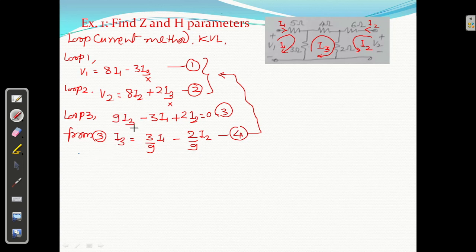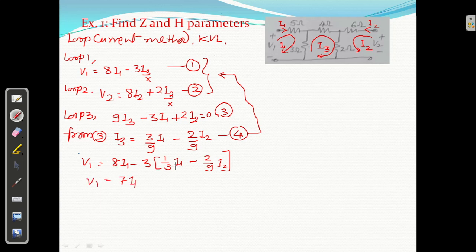So we will get V1 equal to 8 I1 minus 3 times I3. What is the value of I3? 3 by 9, that means 1 by 3 I1, minus 2 by 9 I2. So what we have done here is V1 equal to 8 I1 minus 3 I3, and I don't want I3, so I put its value here. Modifying this, minus 3 will cancel, and you will get 7 I1.